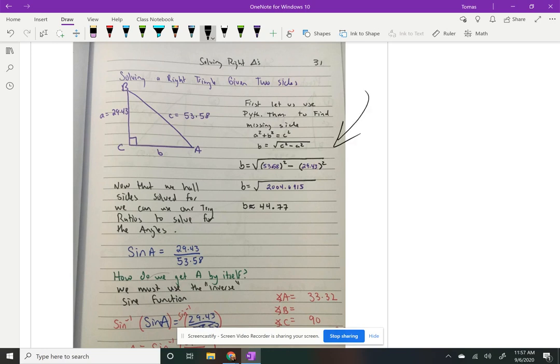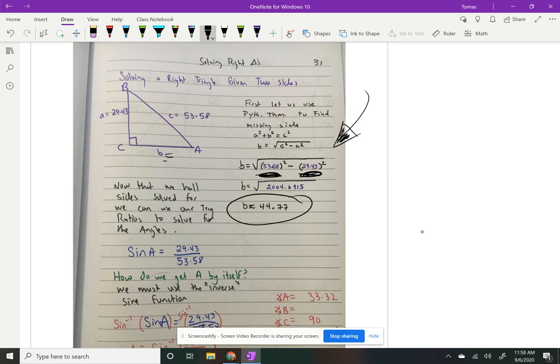It's taking us back to our geometry days. In this case, we know C, our hypotenuse, and we're missing B. So we get C squared minus A squared, and then we take the square root and we get our B. So now we know our B.